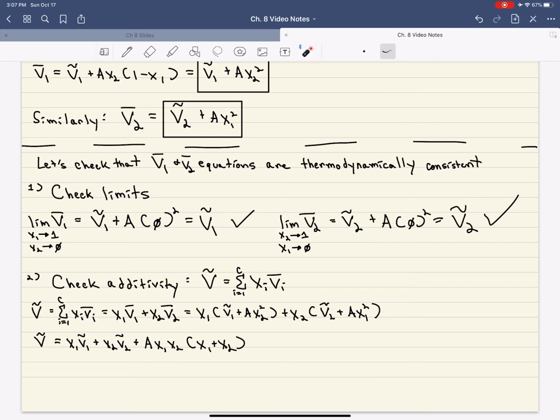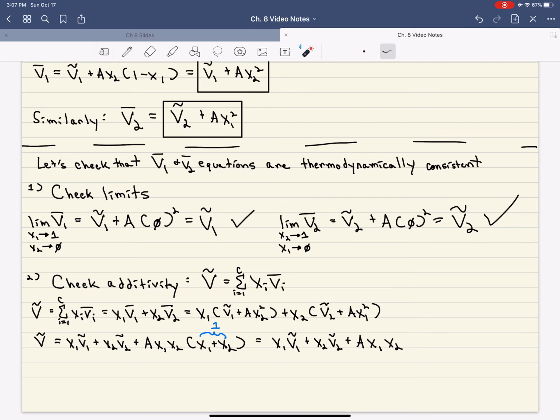And so this x1 and x2, since there are only two components, we know the sum should equal 1. And so what we get back is that V molar is just equal to x1 v1 plus x2 v2, plus a x1 x2.